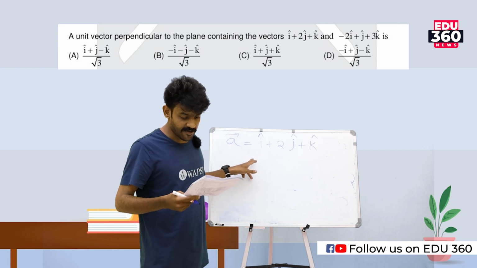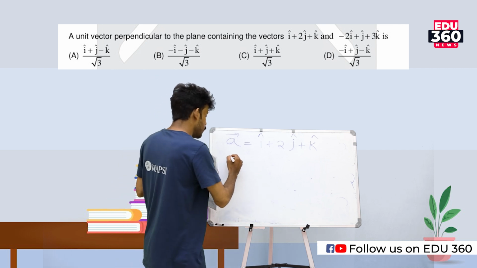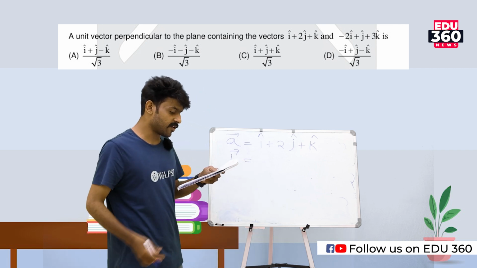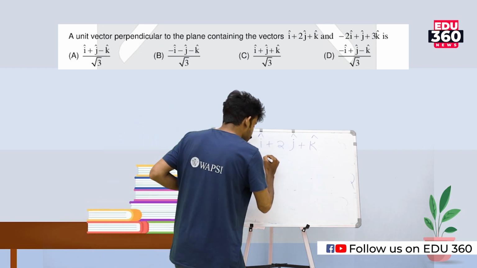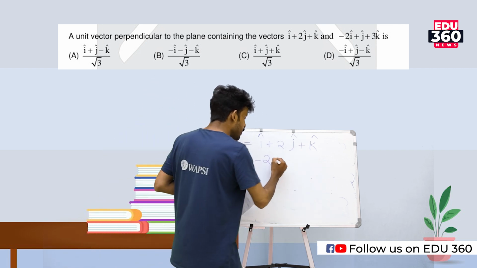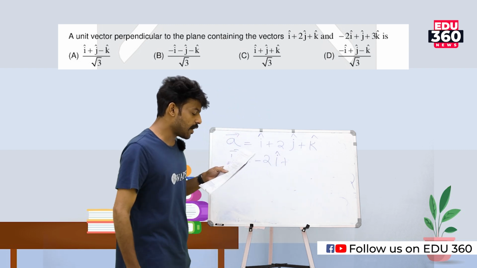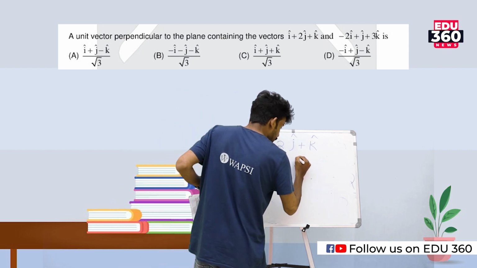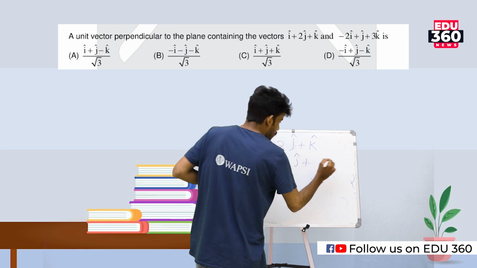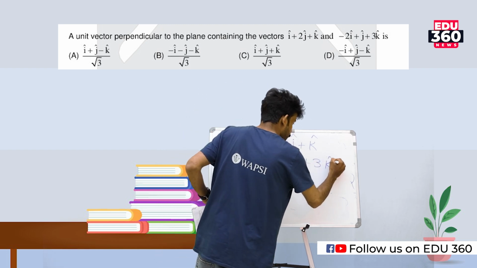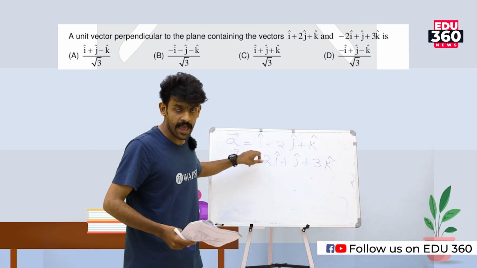So this is vector A, and vector B is equal to minus 2 I cap plus j cap plus 3k cap. So this is the vector A and vector B.